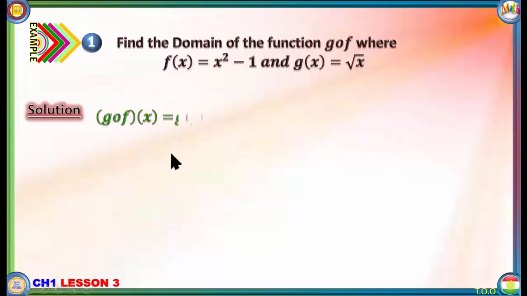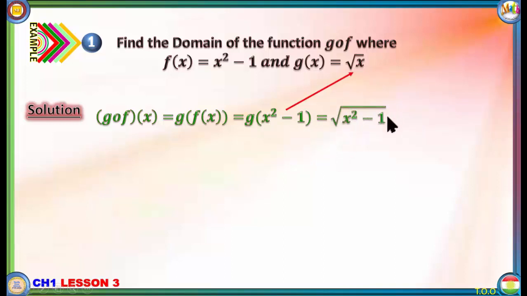It is g of x. Write in place of f(x), x squared minus 1. It becomes g of x squared minus 1. And now write x squared minus 1 in place of this x. It becomes square root of x squared minus 1.